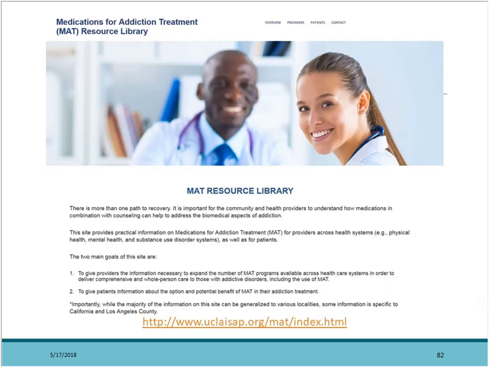The Department of Public Health also created this Medications for Addiction Treatment Resource Library in partnership with UCLA that includes a whole number of really practical resources, like what's the protocol you use, or what's the consent form you use, or what's your process for toxicology. There's this whole list of resources geared towards providers, geared towards patients.